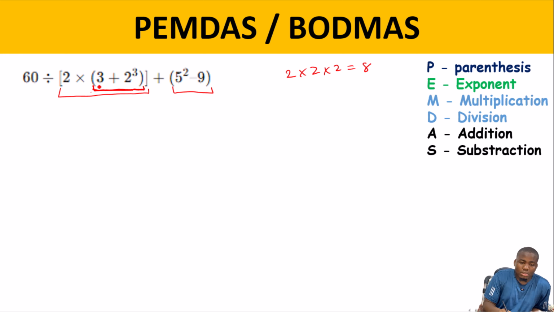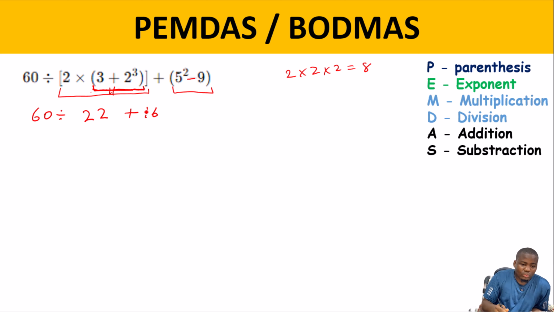So now that we have 11 for this, we can just say 2 times 11, we have 22. Here we have 5 to the power of 2, that is 25. 25 minus 9, that is 16. So we have 60 divided by 22 plus 16.